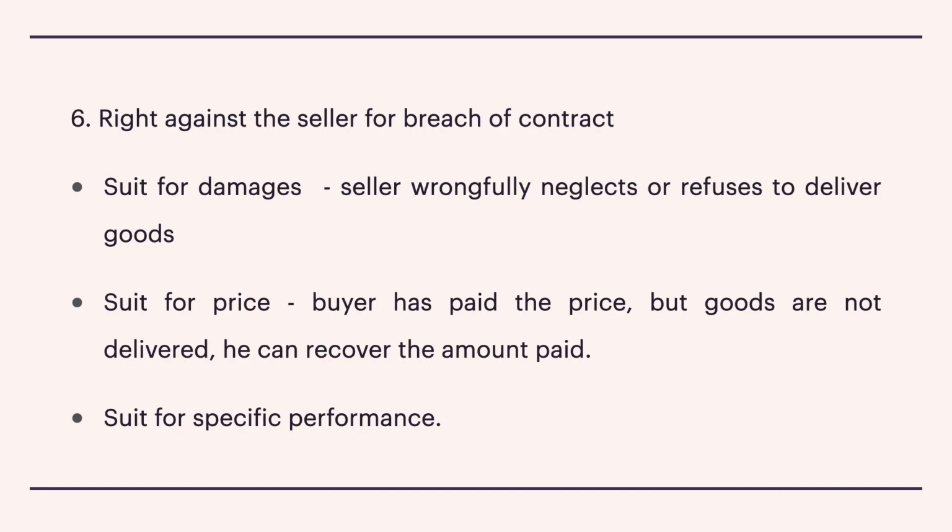The third one, suit for specific performance. The buyer can sue the seller for specific performance of the contract to sell. Now, we have observed that under breach of contract, there was a certain condition called breach for specific performance. If you can remember, we spoke about a furniture supplier providing furniture to one of the dealers on a specific day. It was maybe a special inauguration of the shop, and they wanted the furniture.